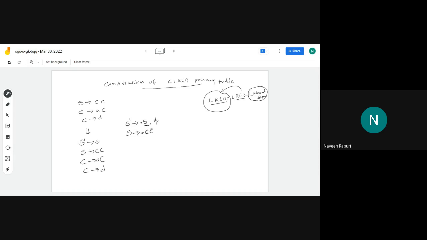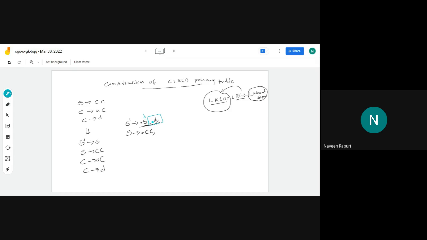After that, we need to add the look ahead symbol for this one. We get it from the production S' derives dot S, dollar. After S we consider the first of the remaining part.